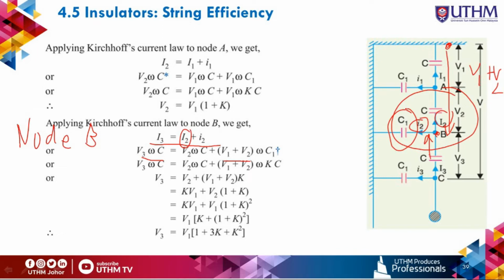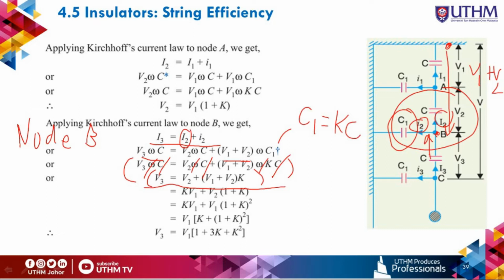Then we simplify the equation. We just replace C1 equivalent to KC. Then you simplify more, and we can cancel this out, and we get V3 equivalent to V2 plus V1 plus V2K.